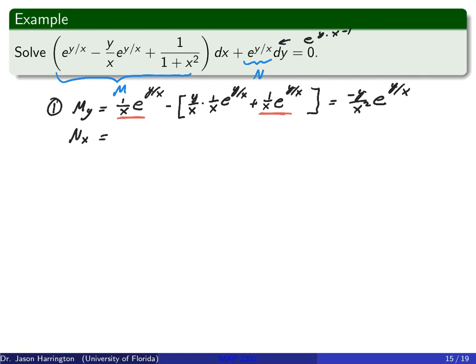That's just going to be e to the y over x, and then the derivative of x to the negative 1 is just going to be negative x to the negative 2, so that's going to turn into y over x squared. And these two pieces, unfortunately, are the same, so we do have it as exact. So this is exact. I mean, I should say that excitedly. This is exact. So now let's actually see if we can process this.